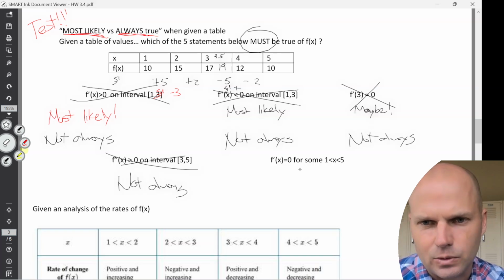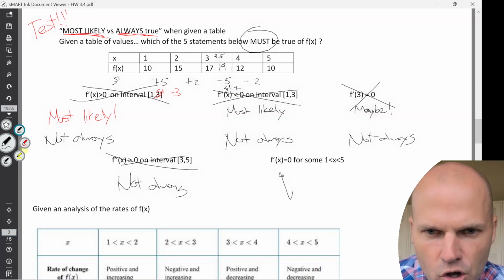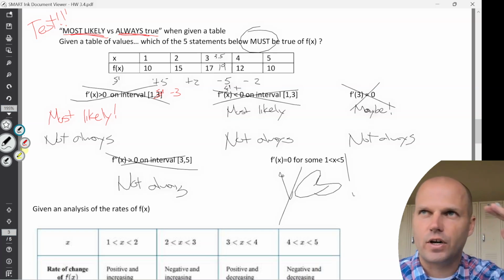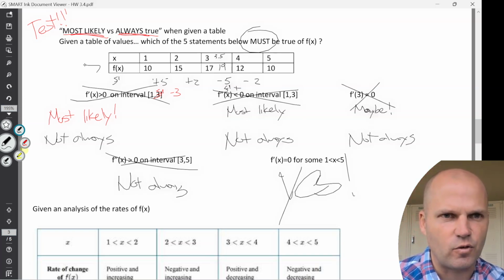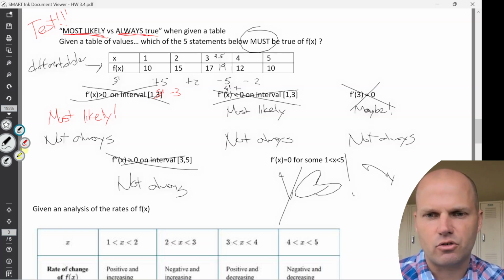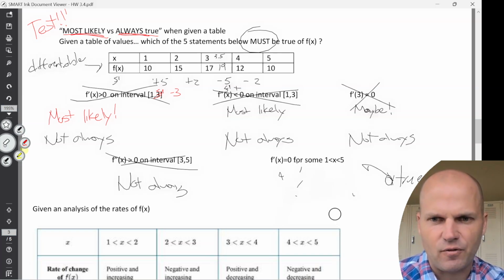The derivative has to equal 0 somewhere between 1 and 5. Yes. As long as this function is differentiable and it's smooth, which I should say that this function is differentiable. Why do I know yes? Why do I know this must be true? Well, you can just think about the function.